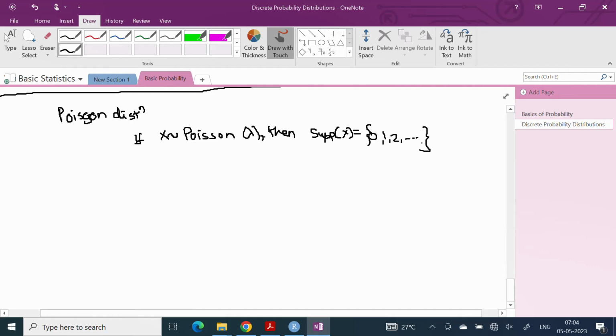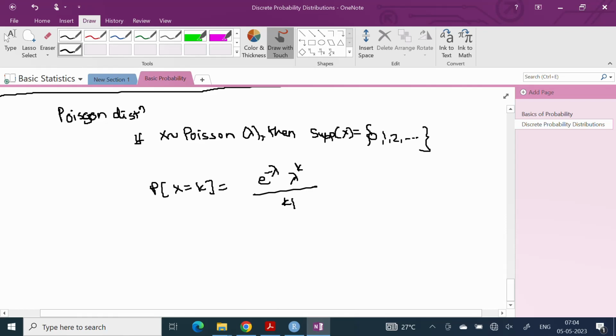In principle, it can take even large values. Of course, we all know that in a situation like, say, an ATM, very high values are almost impossible. So the probability structure allows us to make those probabilities near zero. So the probability that a Poisson random variable takes value k is given by e raised to minus lambda, lambda raised to k upon k factorial.